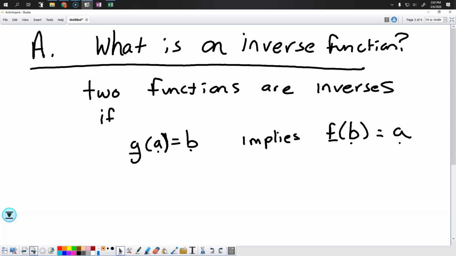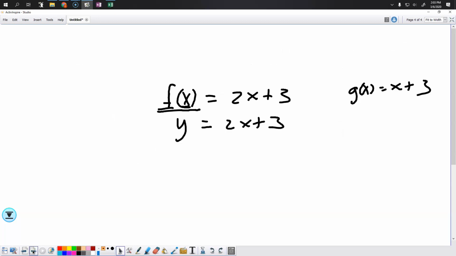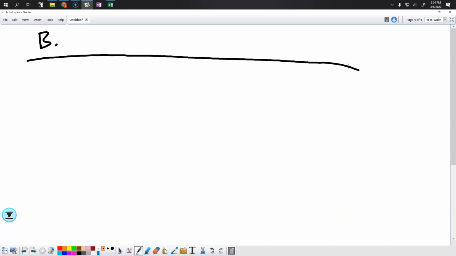Now we'll talk about something else here. They have special notation for inverses. So let's talk about the notation for inverses real quick.